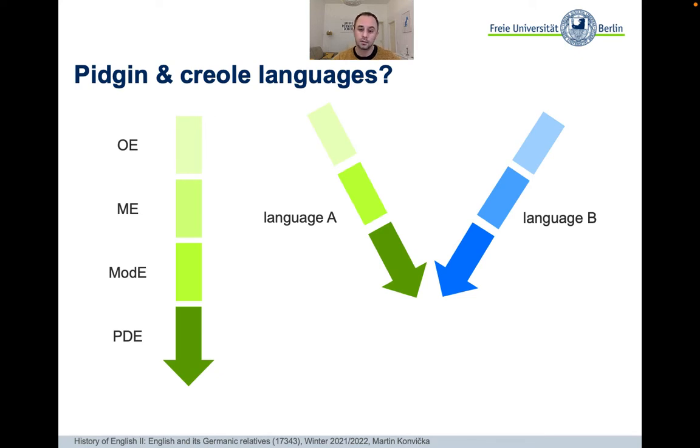So what they do is they basically establish a new language, the so-called Pidgin language, which combines bits of language A and bits of language B, sometimes the grammar, sometimes the lexicon. To a degree, they also evolve completely new structures and properties.